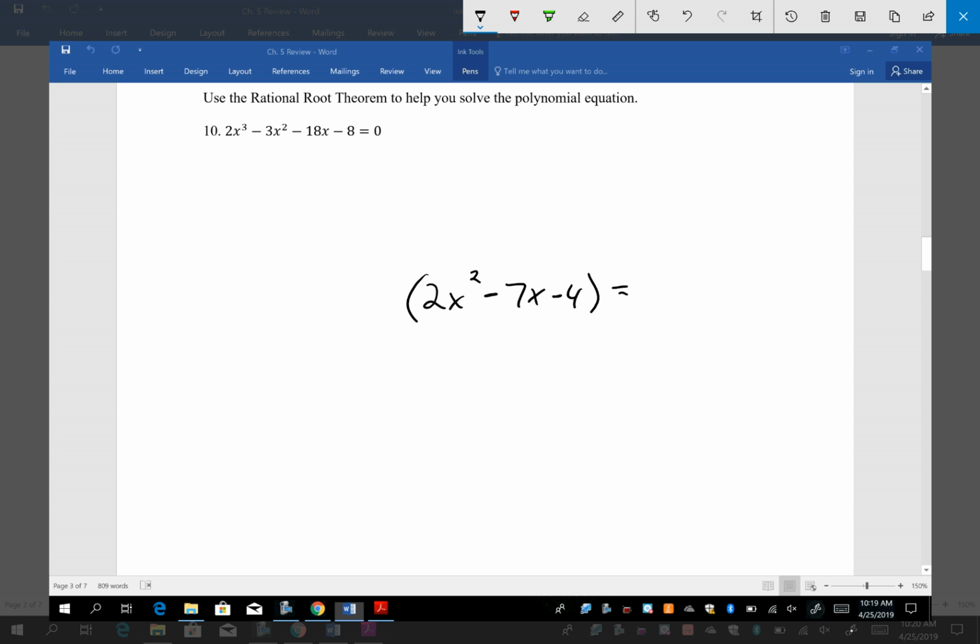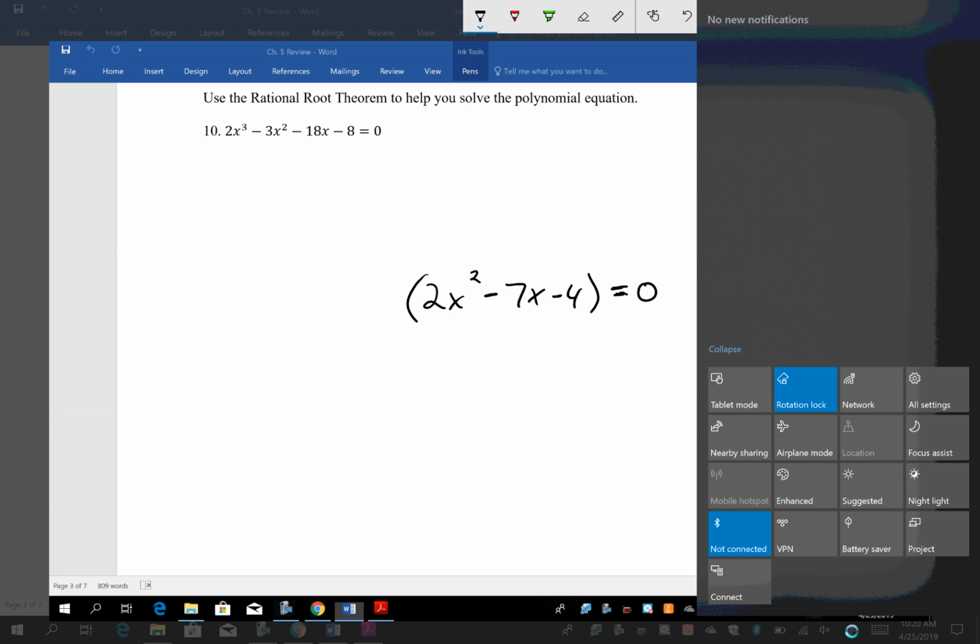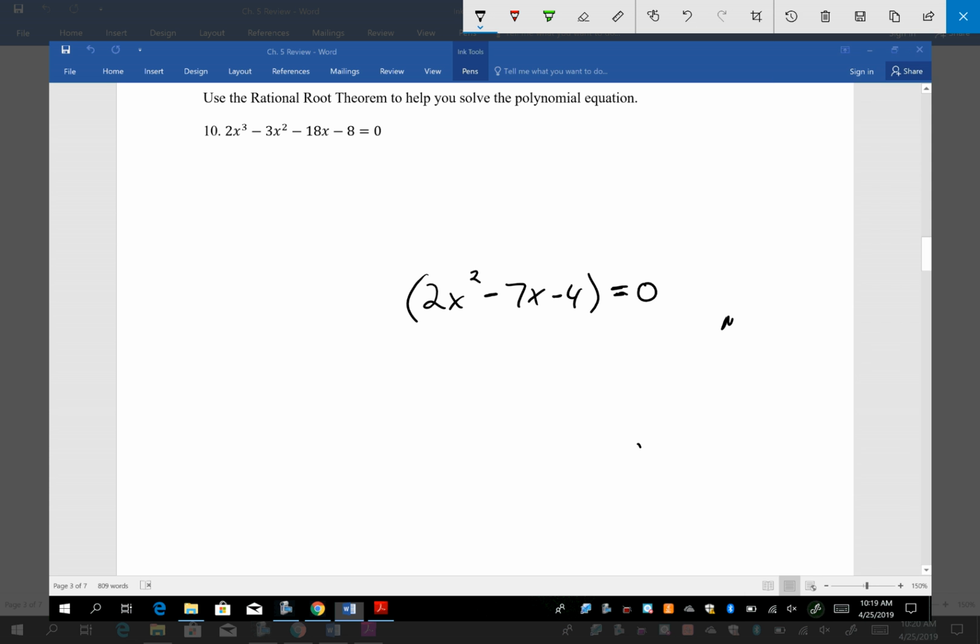All right, so let's bomb method this. What's the first number and the last number? 2 and negative 4. Great, multiply them. Negative 8. So they have to multiply to give you negative 8. What do they have to add to give you? The middle number, b, which is negative 7.